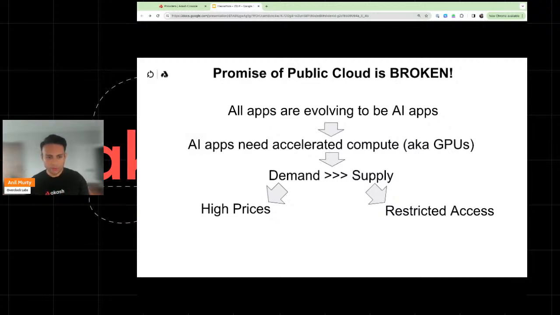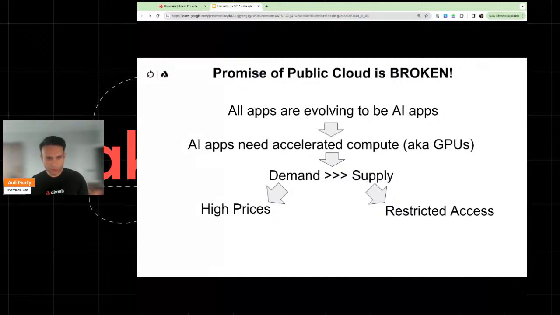So if you think about it, the whole idea with the cloud back in the day, back in 2005, 2006, 2010, was that you should be able to reduce the barrier to entry for a startup that wants to build something by not having them commit a huge amount of capital expenditure by building their own data center or standing up their own servers, and let them use compute on demand.